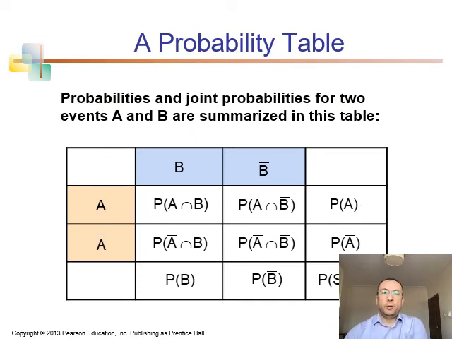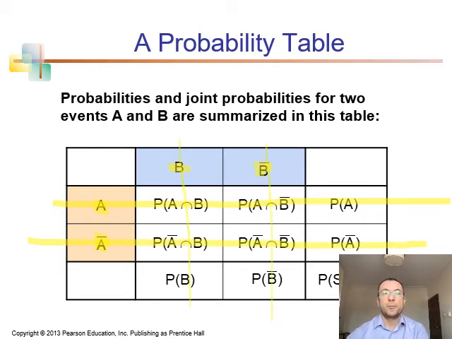So this is a joint probability table. We have the event A and A complement here, event B and B complement here. Let's make the intersections with, say, red color, so that we can see intersections.